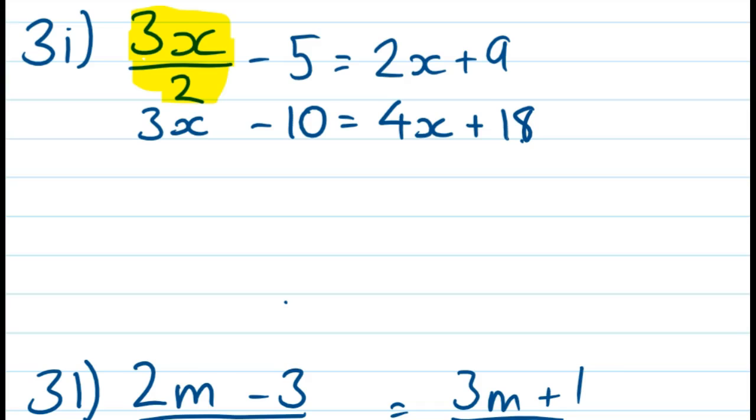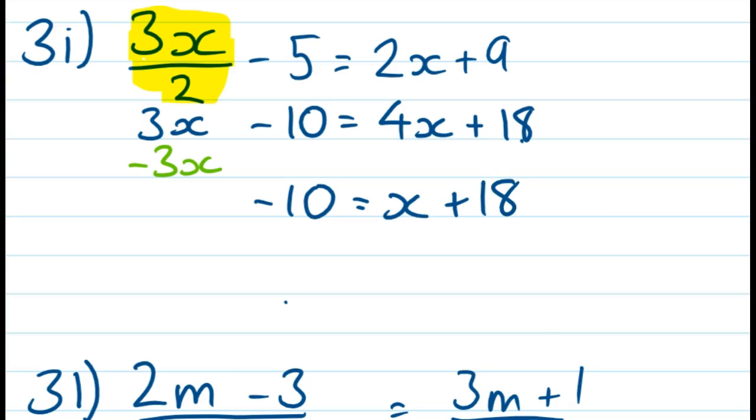Okay, you keep it equal, you keep it fair if you times everything by 2, but it also gets rid of that fraction which makes life difficult. Okay, then what we do is take away the 3x like we did before to get rid of the x's from that side, and we're left with minus 10 equals x, because 4x take 3x is x, plus 18.